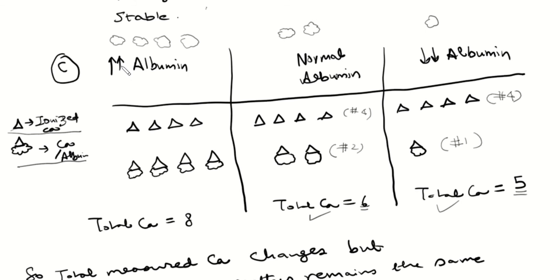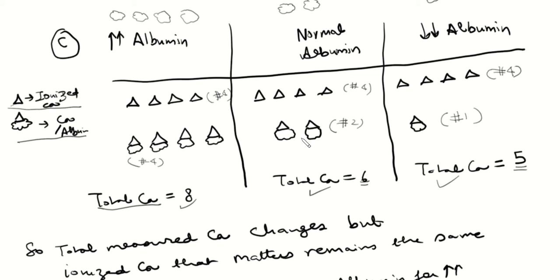Here in this case, where my albumin is very high, I have 4 ionized calciums, and I have 4 calciums that are combining with albumin. So the total calcium that I will measure is 8. Okay? So this table shows me something very interesting.